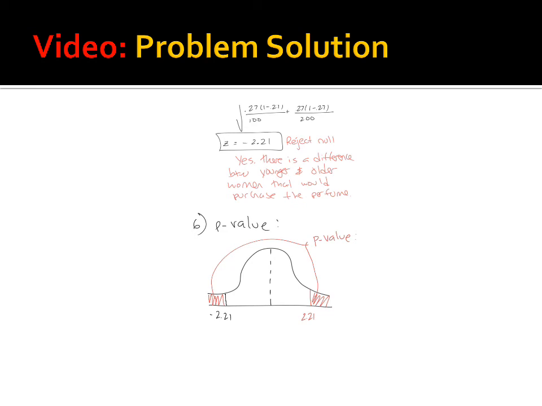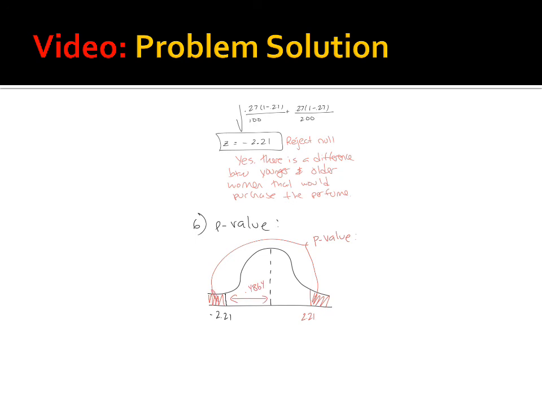Okay, so now we look up our z-table, and when we look up 2.21 on our z-table, we get 0.4864, so that's this area here.